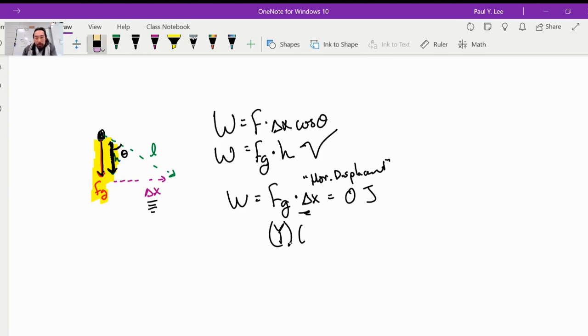I keep writing delta x, but that should just be x. If these two are not along the same axis, your work will always be 0 joules. And that is the work formula.